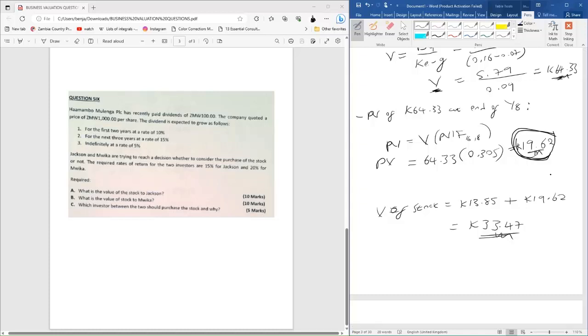So just click the link and you'll be able to find the question and the solutions. You can download the document and quickly just go through it. All right, just in case it is also one of the questions that may come, so you can go through it to ensure that you are safe in all areas.